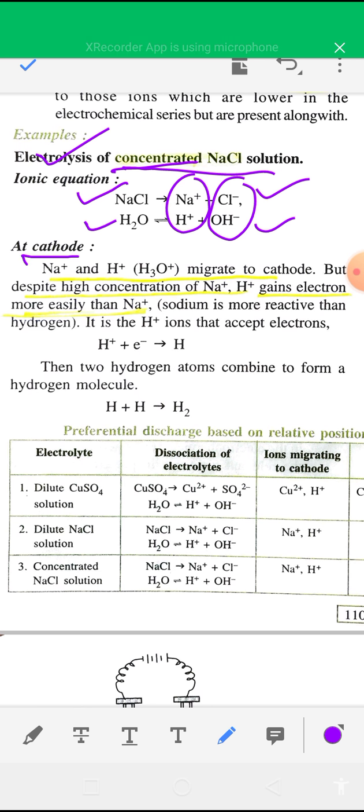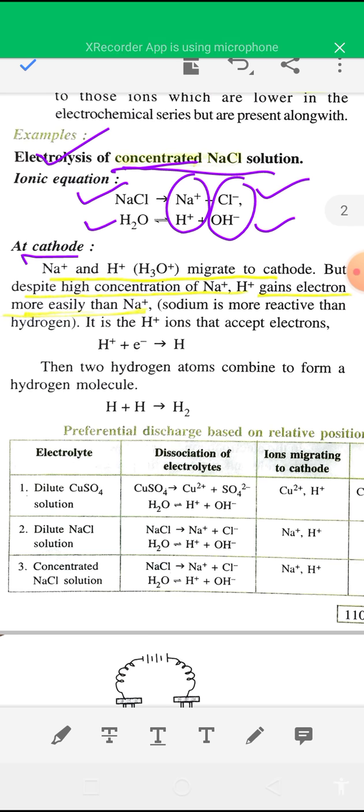At cathode, between Na+ and H+ ion, H+ ion migrates towards cathode more easily. That is, H+ ion will discharge at cathode, because the position of H+ ion in the electrochemical series is lower than position of Na+ ion.